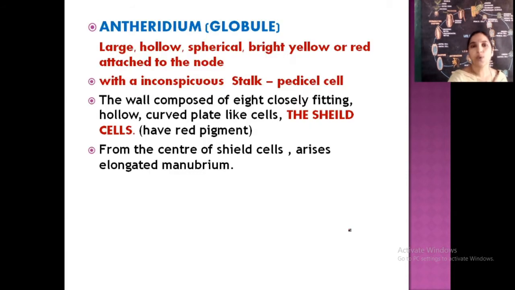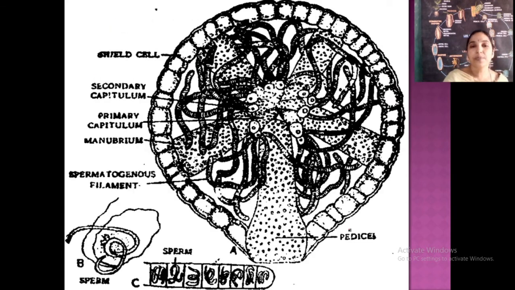Clear? Okay. Now, what about another structure? Its wall is composed of 8 closely fitting hollow curved plate-like cells, that is shield cells. Okay, shield cells have what? Pigments. These are the shield cells. These are the outer cover. I will draw.